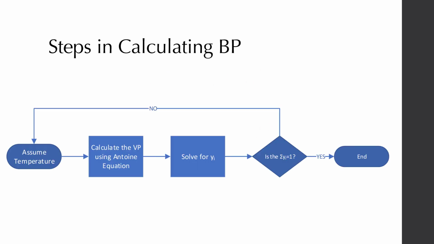Let's go ahead to the steps in calculating the boiling point. So the first one is that we need to assume the temperature, and then we will try to solve for the vapor pressure of each component using the Antoine equation, and then we will solve for the yi, which is the Ki times xi, and if the summation of yi is equal to 1, then we end, because that assumed temperature is our boiling point, I mean bubble point.